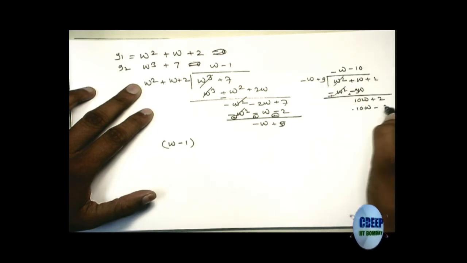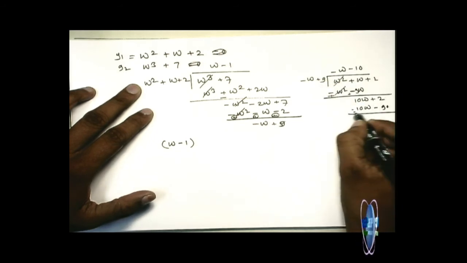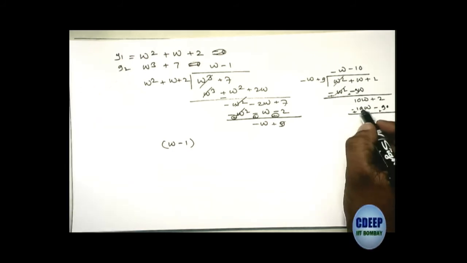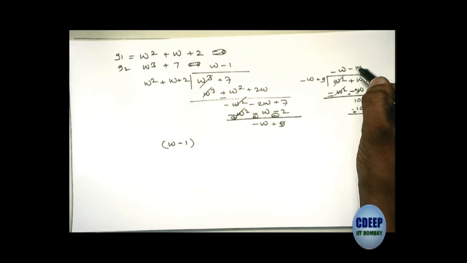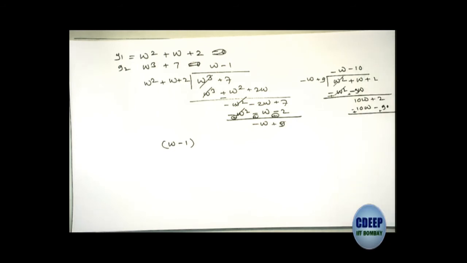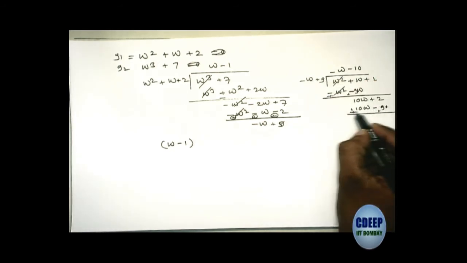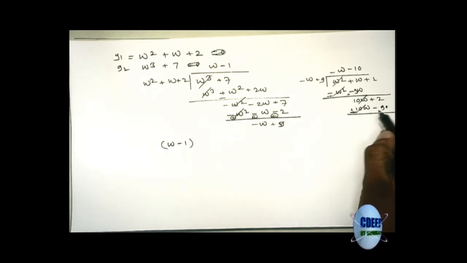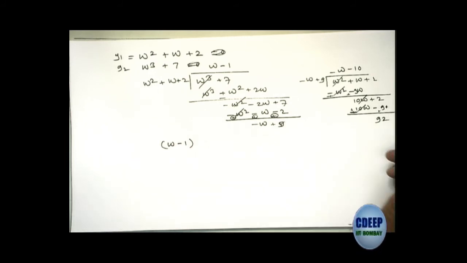Plus 10, so minus 10 you have to give. It becomes plus and then it becomes minus. This was 92. Correct.